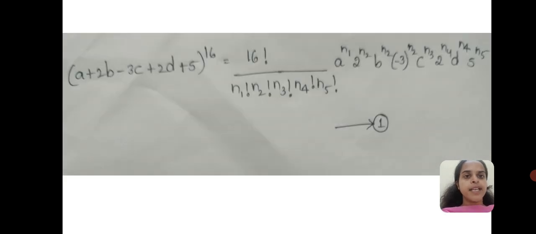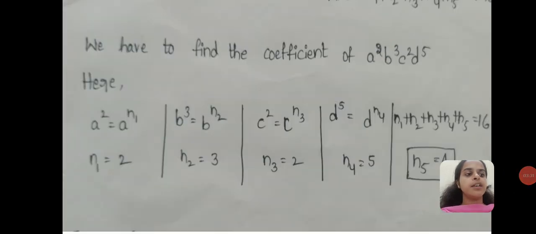We consider that as equation 1, and separate the powers, constants and variables. We have to find the coefficient of a squared b cubed c squared d to the power 5.